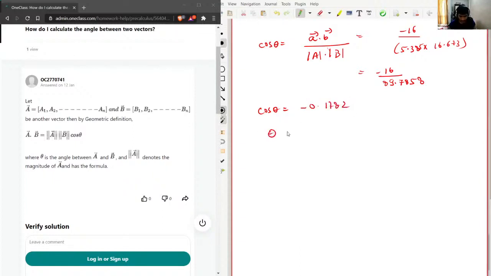Then I can take cosine inverse on both sides, then theta will become cosine inverse of negative of 0.1782, that is 100.264 degrees.